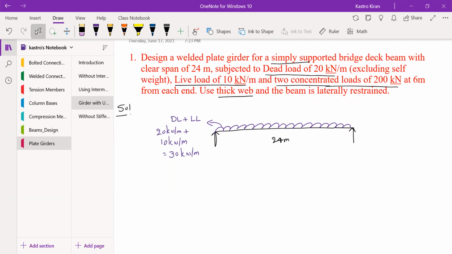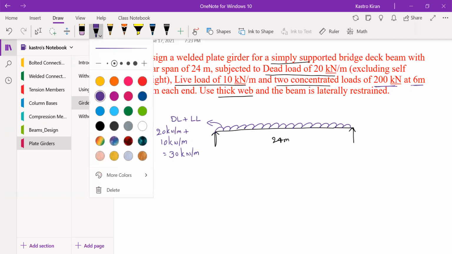And along with this, you also have two concentrated loads, which they have mentioned in the question. You can see the two concentrated loads are 200 kilonewtons, which are placed at a distance of 6 meters from each end. So let us draw the point loads also.